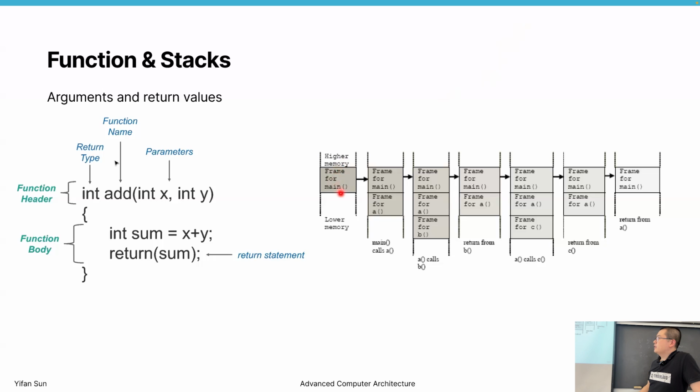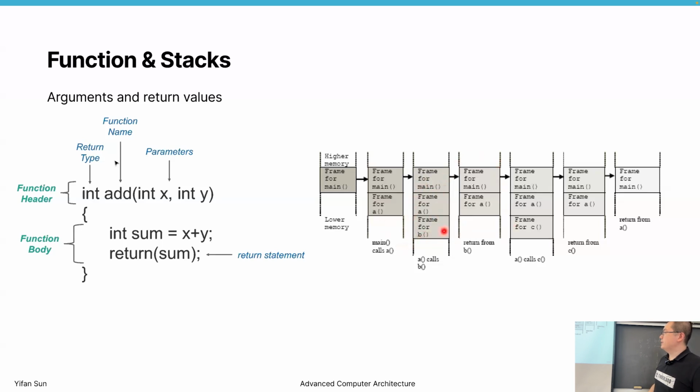So let's say we're executing a main program, then when we call this function A, we add a frame for this function called A. Then this frame will store some temporary data related to A, right? Then we call another function B, then we grow the stack by adding another frame.